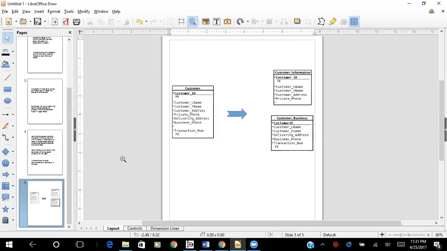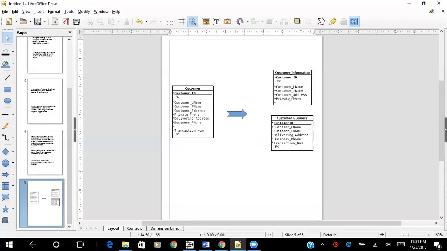However, we can split this table in two tables. One we can name the customer information, and we just keep the customer last name, customer first name, customer address, and private phone.